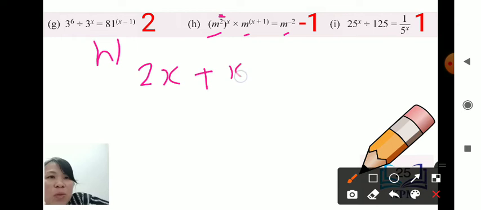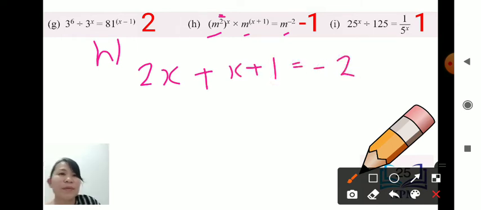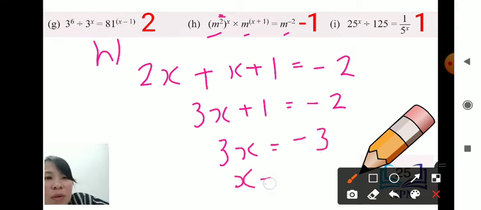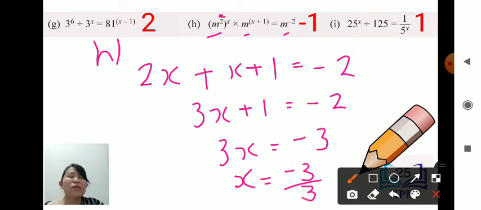Then x plus 1 is equal to negative 2. So 3x plus 1 is equal to negative 2, and 3x is equal to negative 2 minus 1, negative 3. So x is equal to negative 3 divided by 3. Okay, negative 3 divided by 3, you have minus 1. So correct.